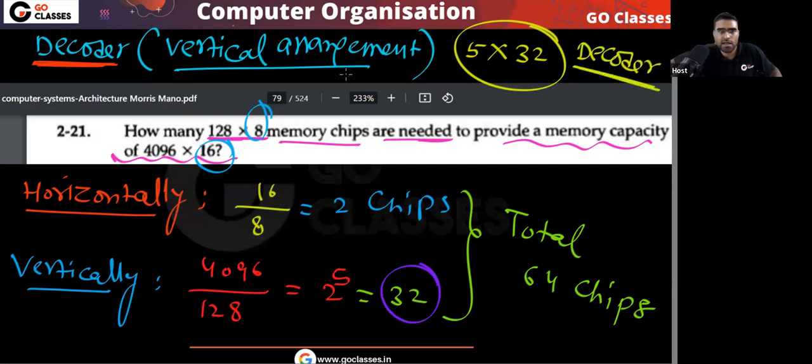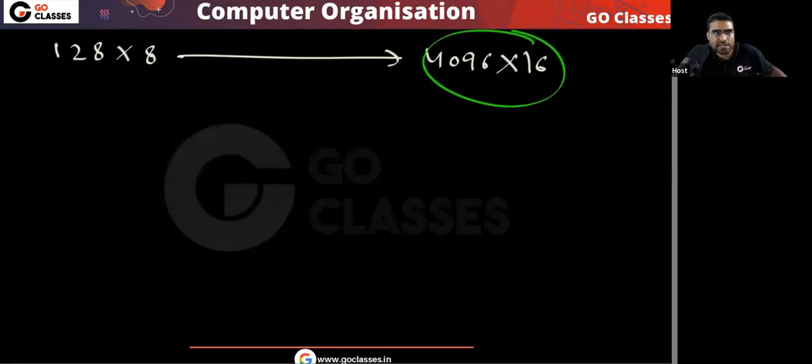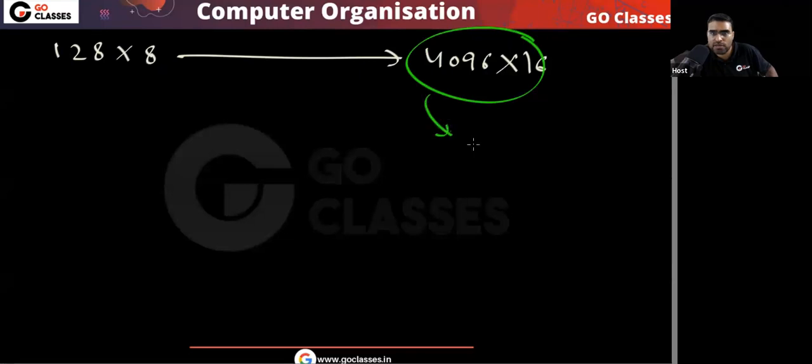In the address, how many bits will you use to select a chip? See this question; we are doing the complete analysis of this question. Using these chips, you have created 4096 by 16. So first of all, how many address lines? You tell me quickly.